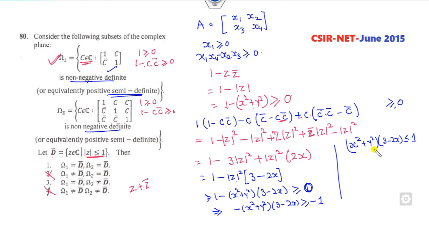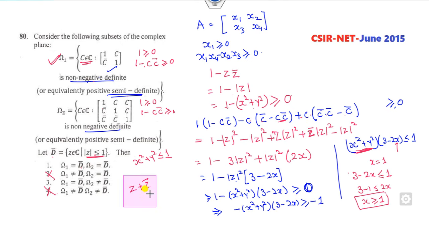So when does this happen? It happens only when x is 1, because this number is already less than 1. So 3 minus this, that is x, is greater than or equal to 1. But my set is given as x² plus y² less than or equal to 1.